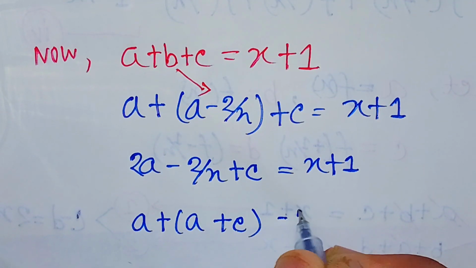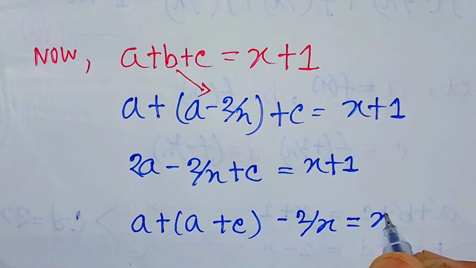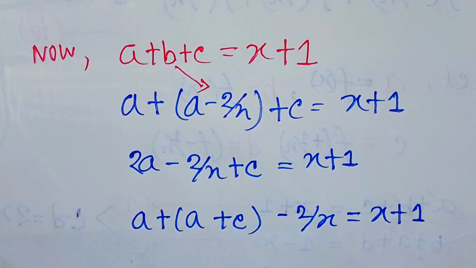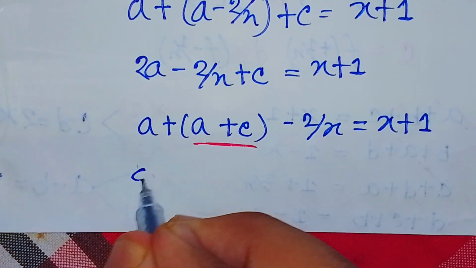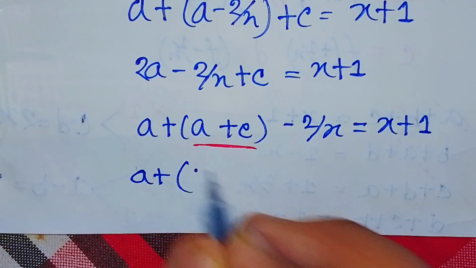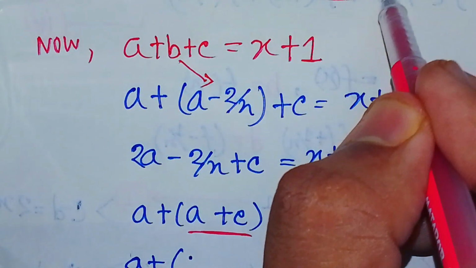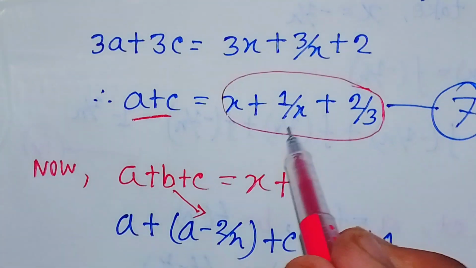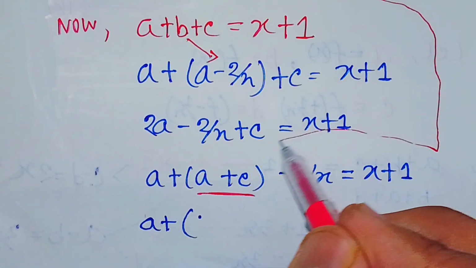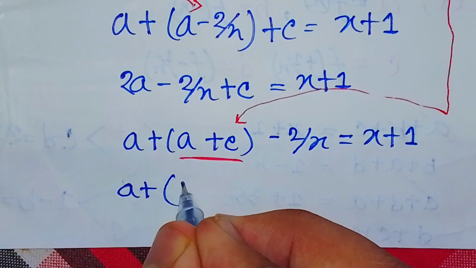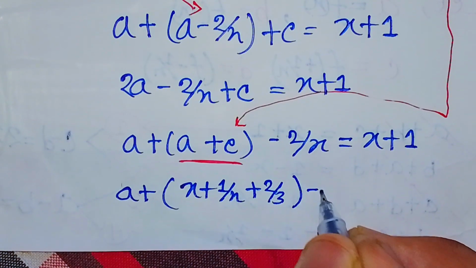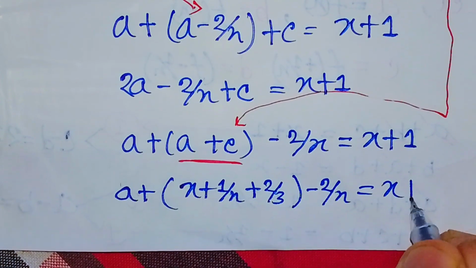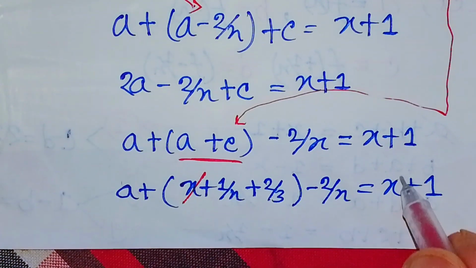After that we can write a + (a + c) - 2/x = x + 1. Now we replace a + c with equation number 7. Then we'll get x + 1/x + 2/3 - 2/x... and the x and x will be cancelled out from both sides.